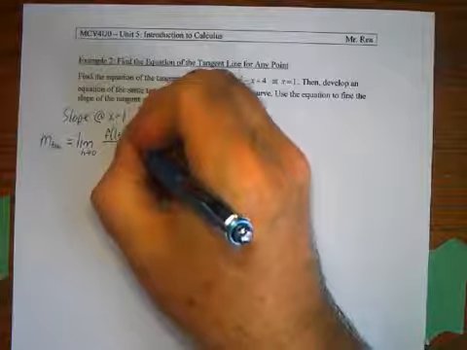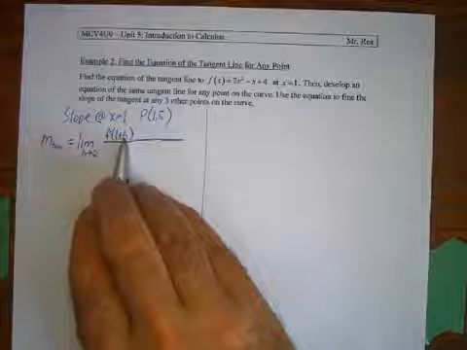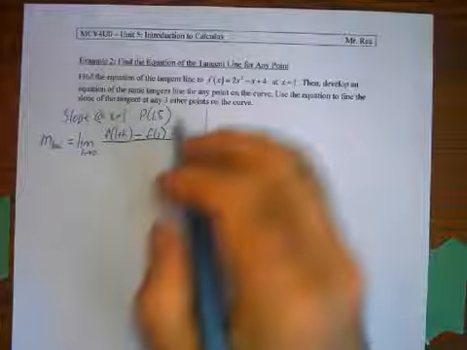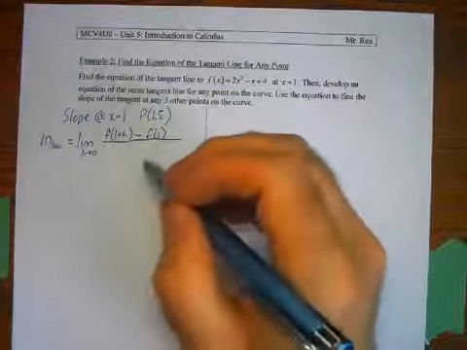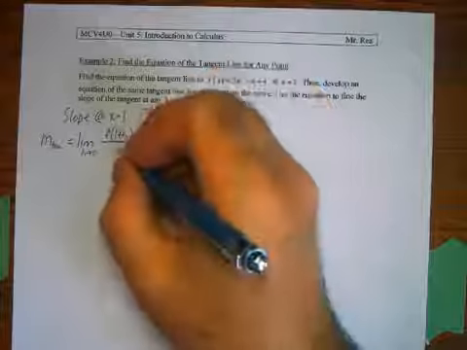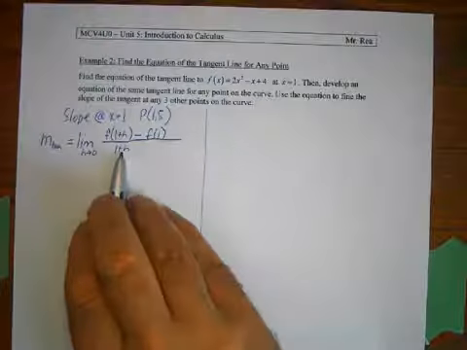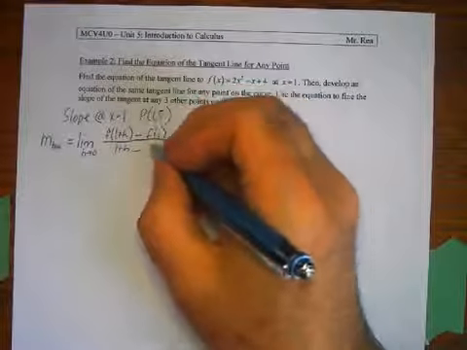That's going to be our Q, which is h units to the right of point P. And then we subtract f of 1, which is our point P, basically the y value at point P. And then on the bottom, it's going to be the change in the x value, which is 1 plus h, our x coordinate for Q, and then subtract the x coordinate for point P, which is 1.